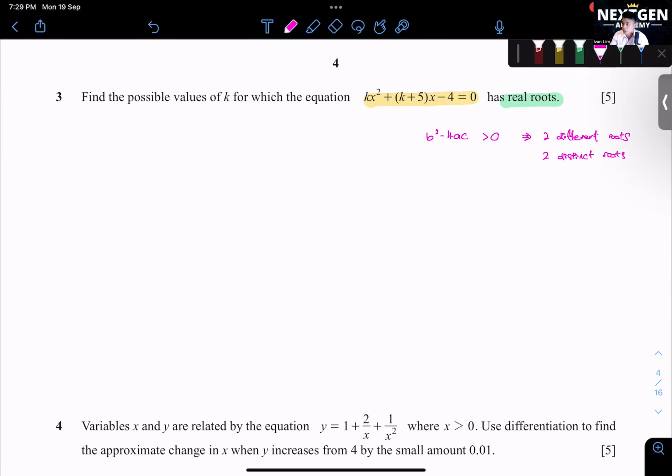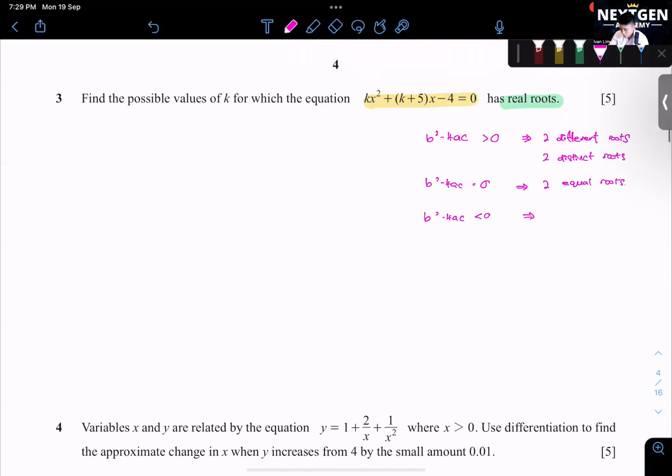Second one, b square minus 4ac equals to 0. This is two equal roots. Third scenario, b square minus 4ac less than 0. This one is no roots, or no real roots.